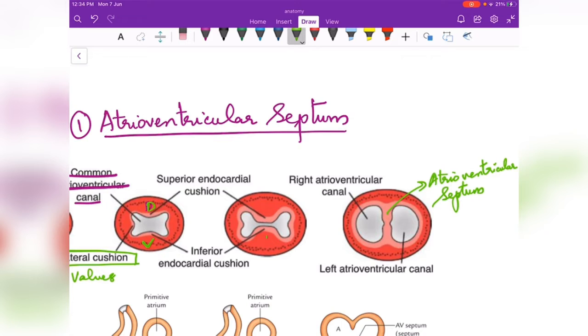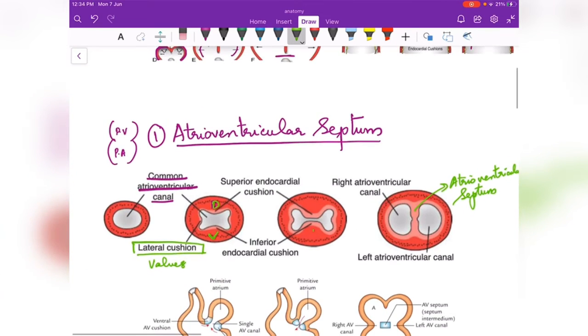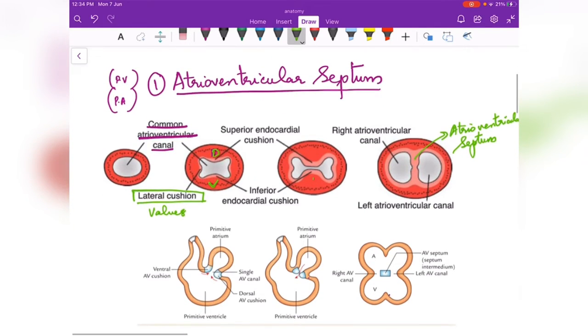This atrioventricular septum divides the common atrioventricular canal into a right atrioventricular canal and a left atrioventricular canal. This is the same picture: the ventral and the dorsal AV cushions fuse together to form the atrioventricular septum, and this one is a longitudinal section.